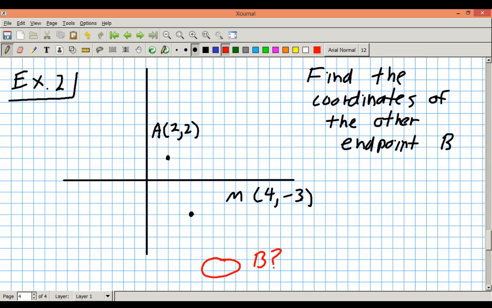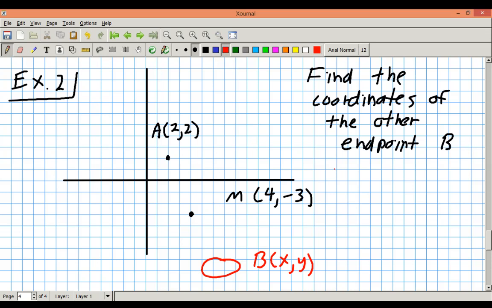But we do know that point B will have coordinates that we're trying to find. So we'll just call them x and y because we don't know what they are. Then we'll use our midpoint formula to calculate the coordinates of point B. Remember that you just average the x's to get that midpoint x coordinate.